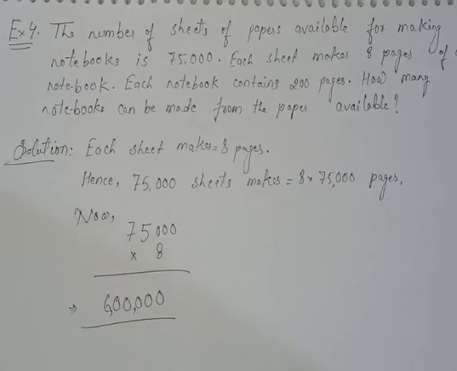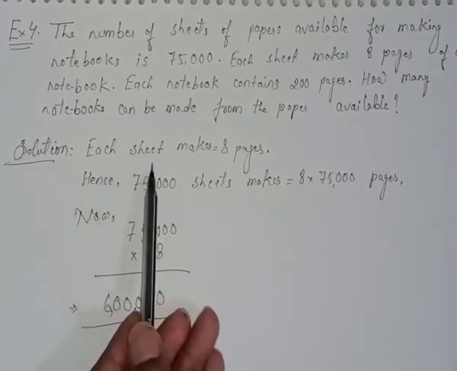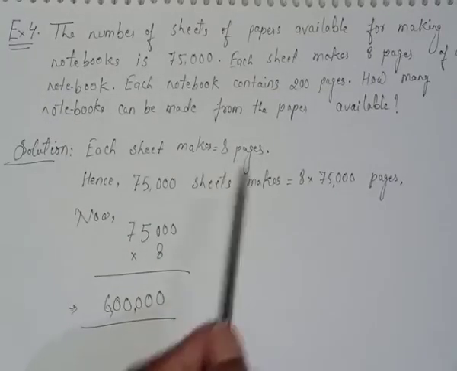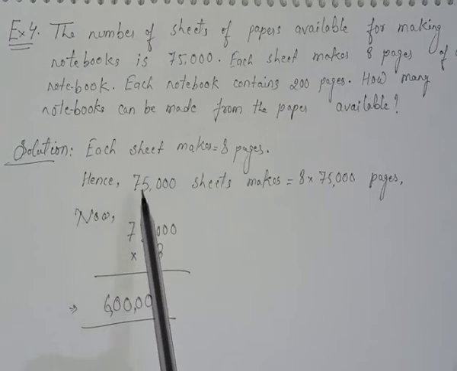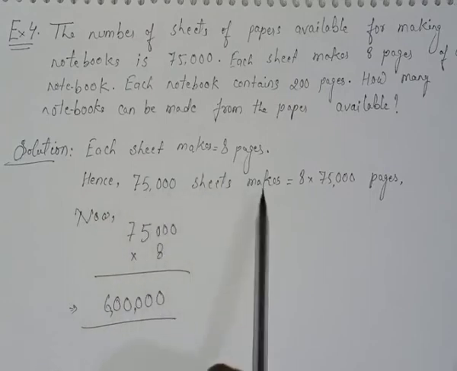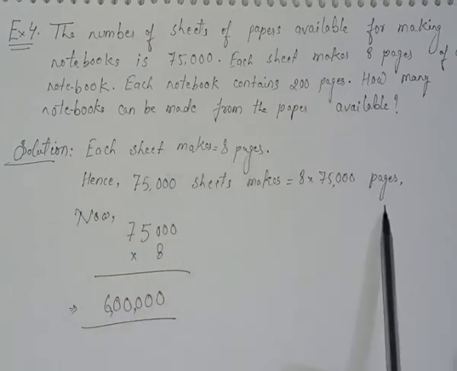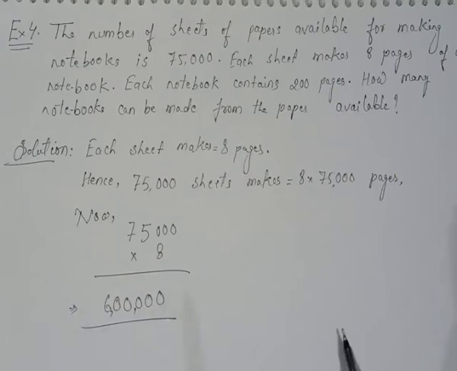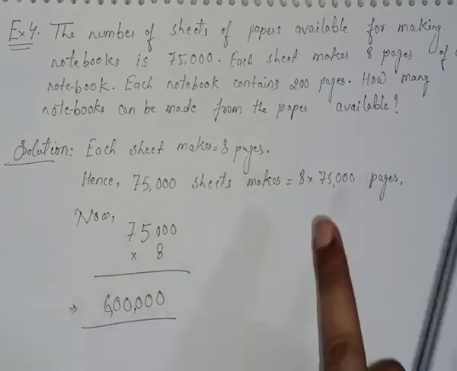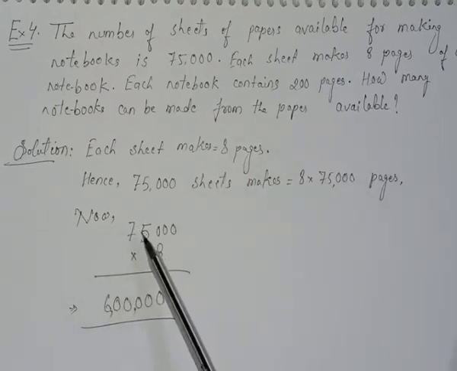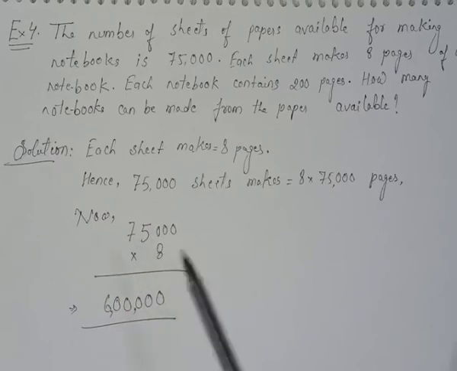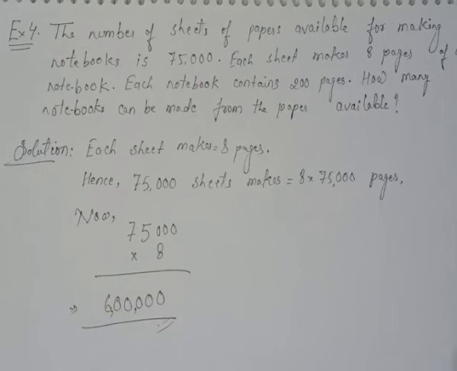Each sheet makes 8 pages, hence 75,000 sheets will make 8 multiplied by 75,000 pages. Just as we did in example number 3, we do the same here. Multiplying 75,000 by 8, we get 6 lakh pages as the answer.